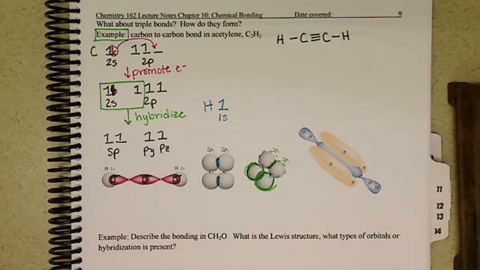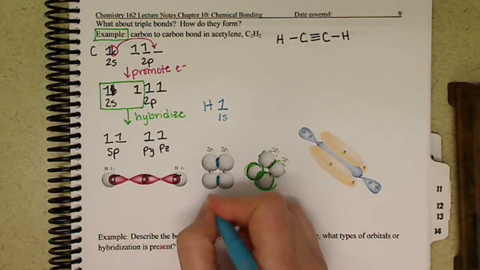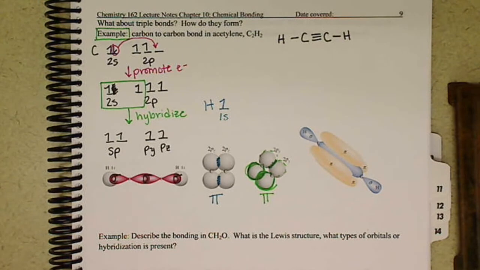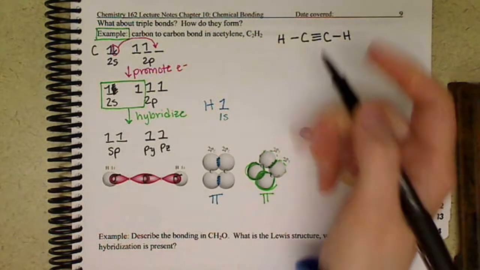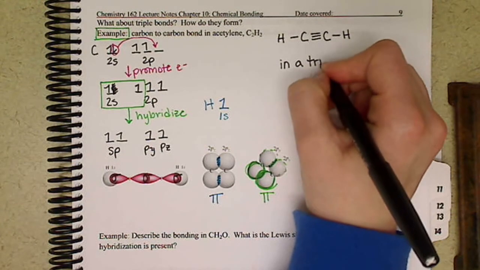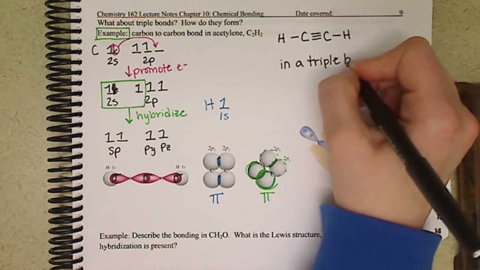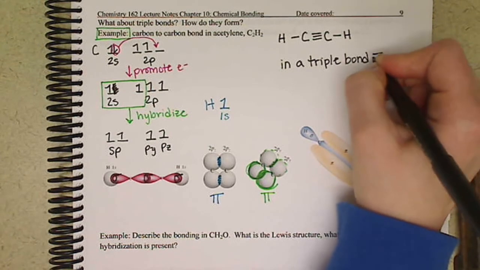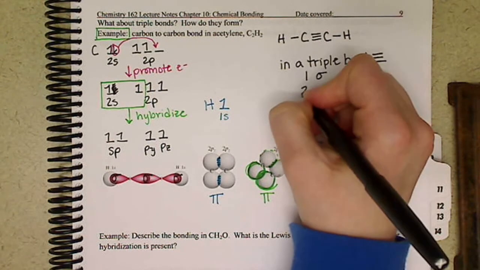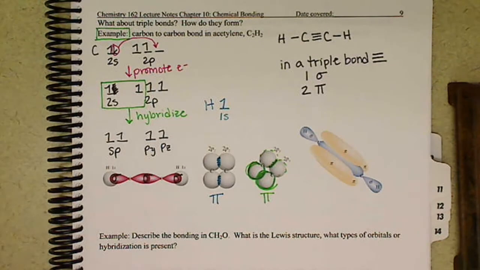So these bonds here, this is pi bond number 1 and pi bond number 2. So in a triple bond, we have 1 sigma bond and 2 pi bonds.